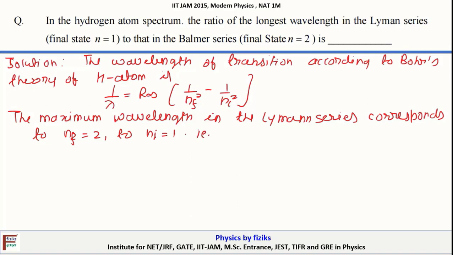That is, 1 by lambda max L equals R into 1 by 1 square minus 1 by 2 square, which equals 3 by 4 R.